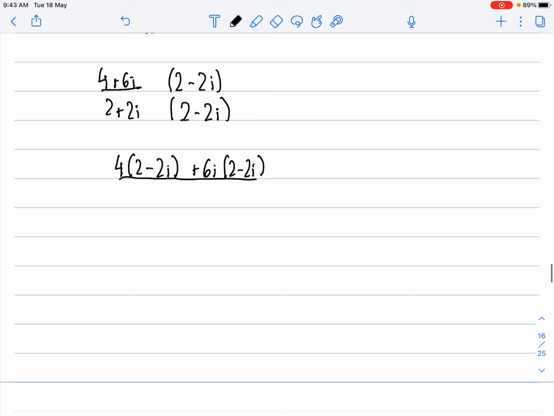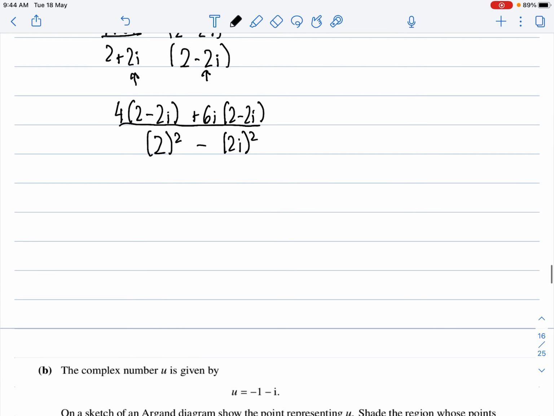And if you notice here, this is basically (a plus b) into (a minus b), which I can write as a square minus b square. So I can write this basically as 4 into 2 is 8 minus 8i plus 12i minus 6 into 2, which is 12i square, over 4 minus 4i square.